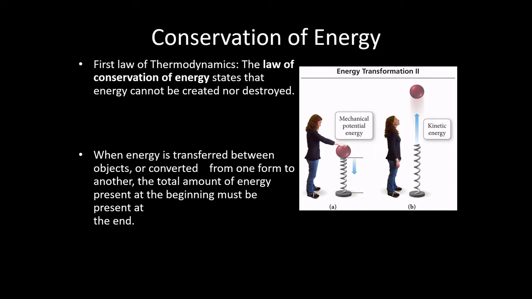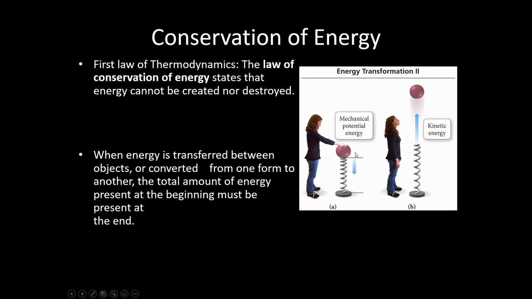So, as you can see here with this lady, who's pushing what looks like a bowling ball onto this spring, which does not seem like a very bright idea, but it's good for our example here. Push the bowling ball down. That puts mechanical potential energy into the spring. So there's energy stored in the spring. And when she lets go of the bowling ball, the spring shoots the ball up into the air.